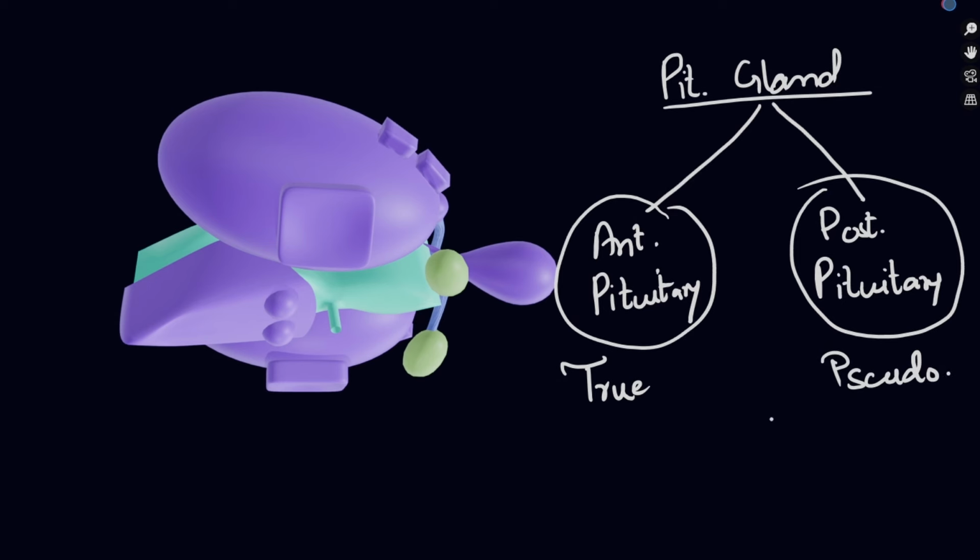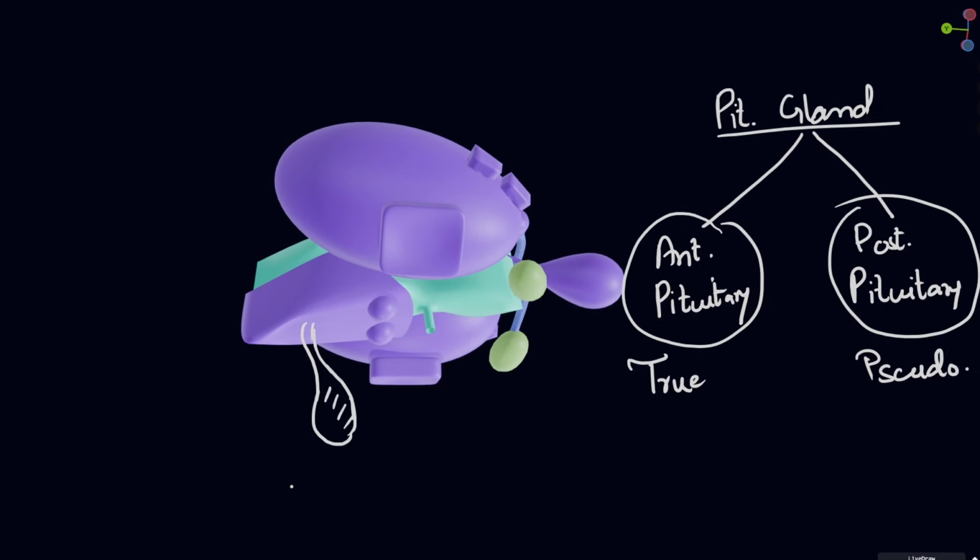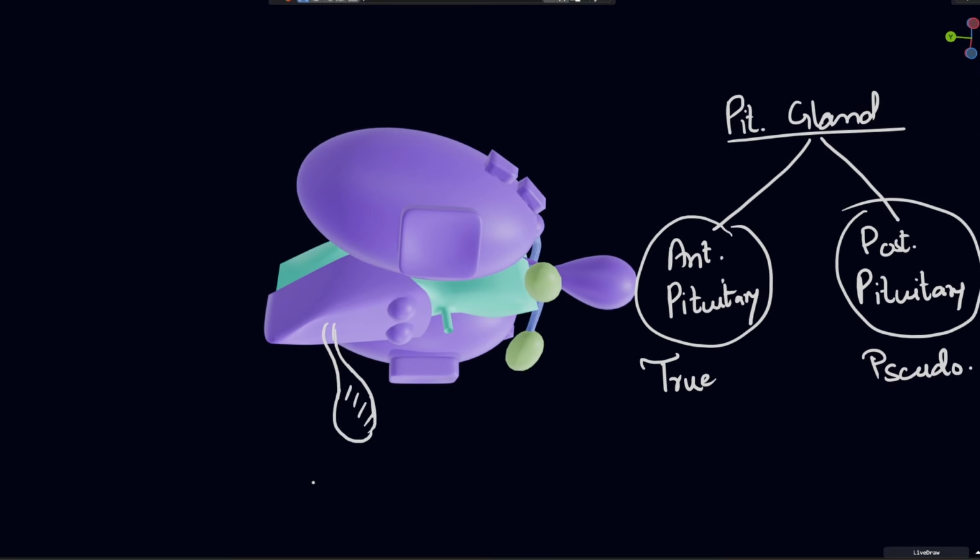Now what I mean by this: the posterior pituitary is a direct extension of hypothalamus. We will see in this lecture that an extension of hypothalamus arises, which is basically posterior pituitary. The hormones of posterior pituitary are being created within the hypothalamus, and then from hypothalamus they are stored in this sac called posterior pituitary.